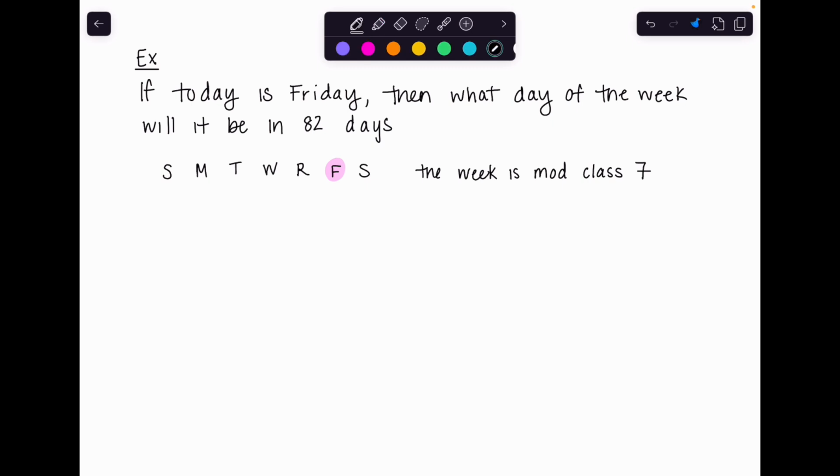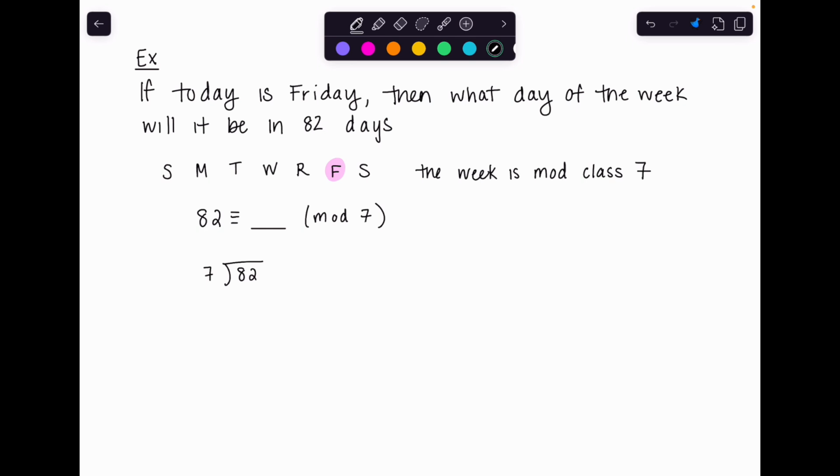So ultimately I need to figure out 82 is equivalent to what under mod class 7. So going through our division, I want to take 82 and I want to divide it by 7. And then I'm going to trust you can do this at this point.